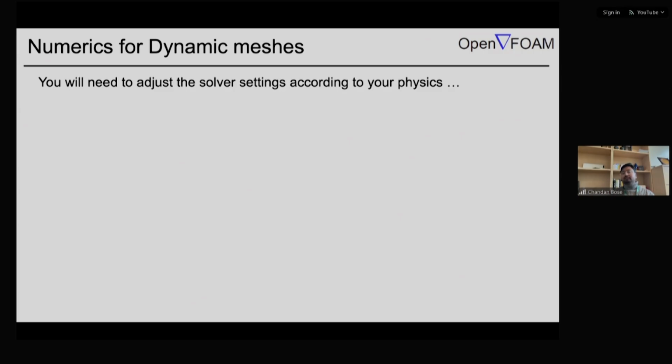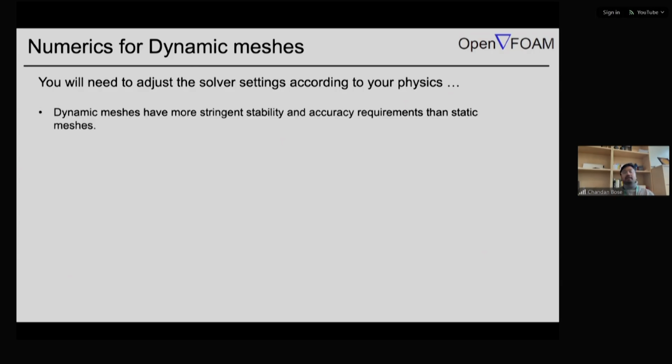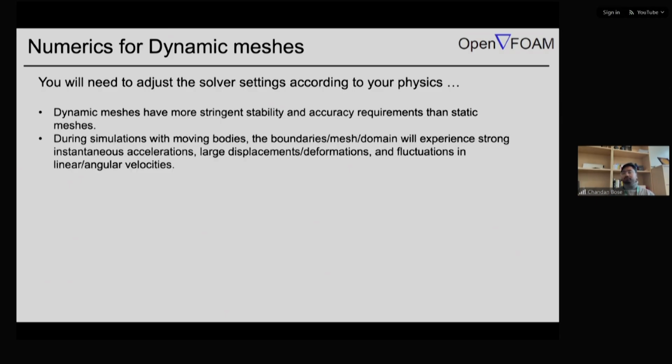So we need to adjust the solver settings according to our physics, what physics particularly we are trying to capture. And it is needless to say the fact that dynamic meshes have more stringent stability and accuracy requirement compared to the static meshes, because we are either deforming the meshes or we are moving one set of mesh in the other set of background mesh, etc. Now, during simulations with moving bodies, the boundaries or mesh or the domain will experience strong instantaneous acceleration, large displacement or deformations, and fluctuations in linear angular velocities.